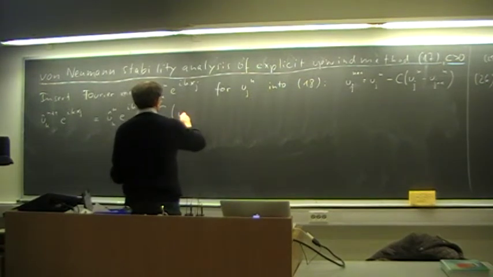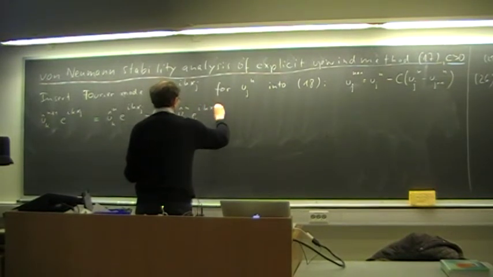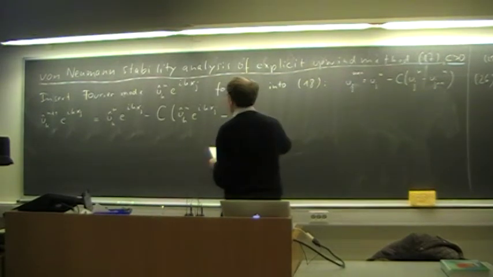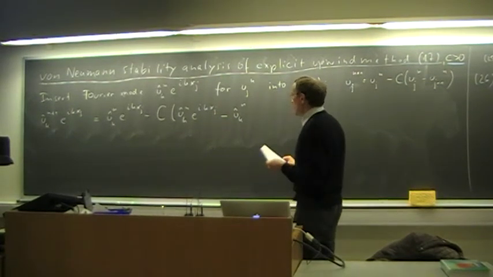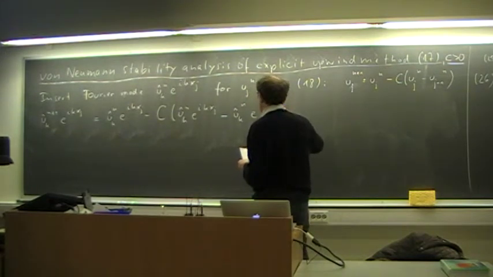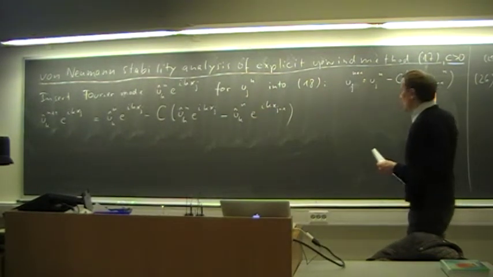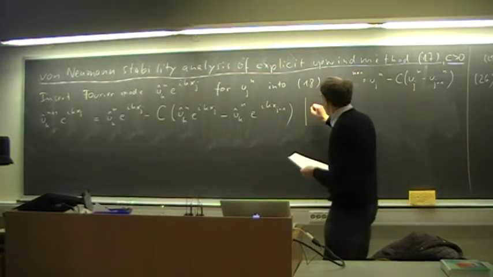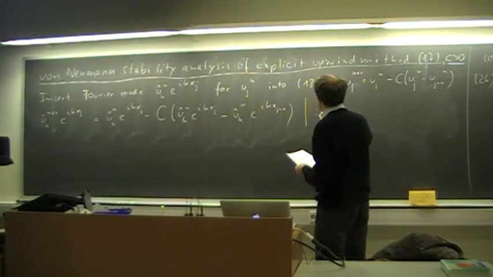Again, this expression, u k hat n, e to the I k x j, and then minus the Fourier mode wave. The amplitude of the wave is again this u k hat n. Now it's e to the I k x j minus 1. So that is when we insert it in here. Now we divide by e to the I k x j.